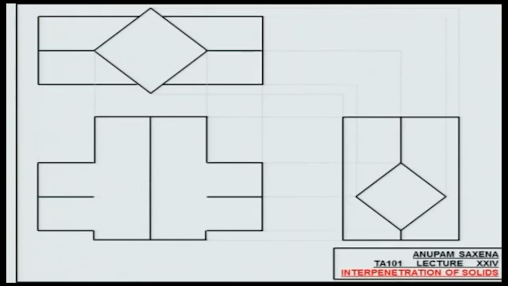All right. Another example, and I'll give you a slightly different angle to solve this. This is the example of determining the intersection between two rectangular prisms. One is vertical, the other one is horizontal. Okay? Inspect the three views.